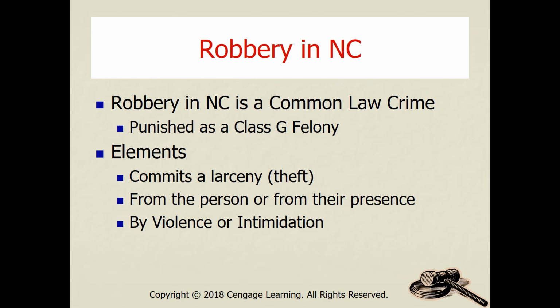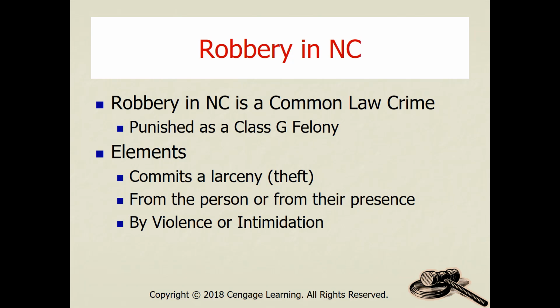That could be a robbery in North Carolina. So if I set my cell phone down in front of me while I was doing something else, and it was within easy reach, and you came up and you stole it, we'll get to the violence and intimidation, you committed a larceny, that could be from the person.